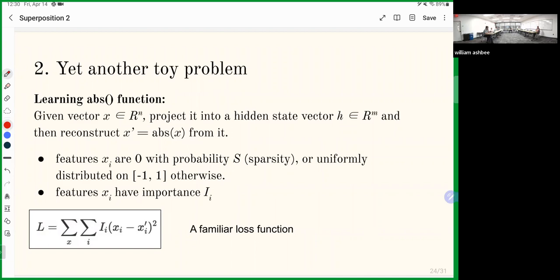So given some vector in n dimensions, they want to project it into given dimensions, and output the absolute value of the original feature vector. Again, features can be 0 with some sparsity, or uniformly distributed from -1 to 1. And again, features have importance. And the loss function looks the same again.